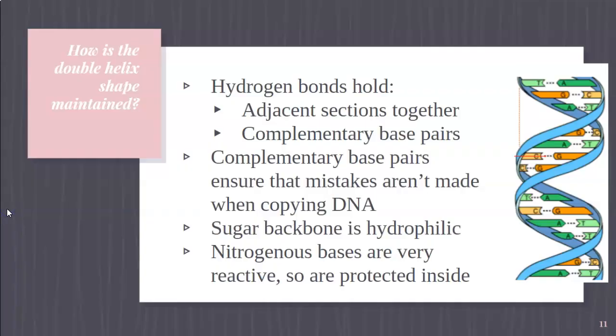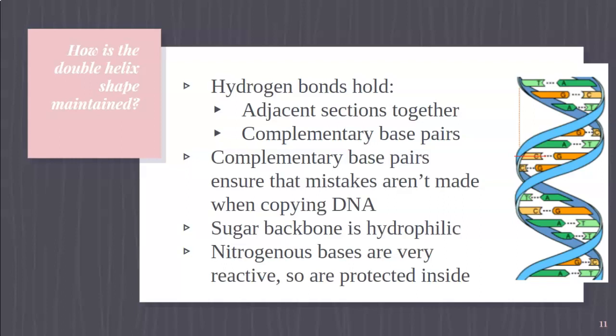So how is the double helix shape maintained? We have hydrogen bonds holding multiple things together, right? They hold adjacent areas of the double helix. You can see that here. And they also hold together your nitrogenous bases. Complementary base pairs ensure that mistakes aren't made when copying DNA, right? If you have the same thing written forwards and backwards, you're less likely to make a mistake.